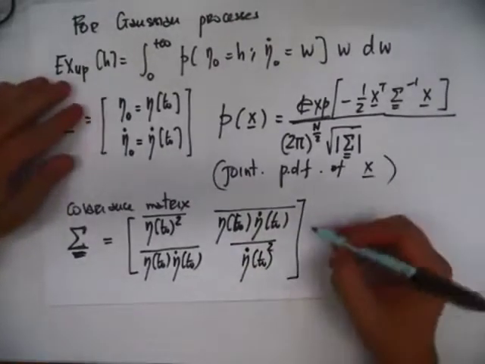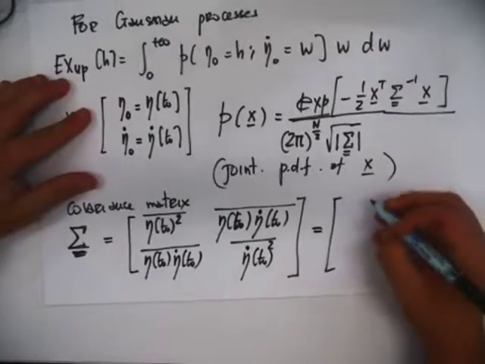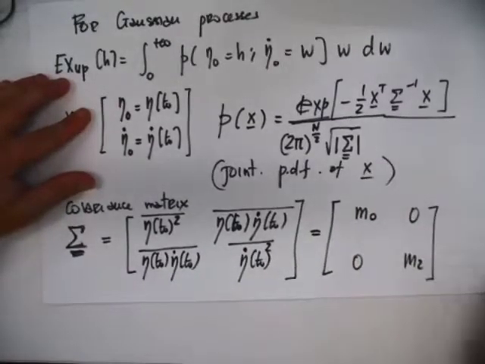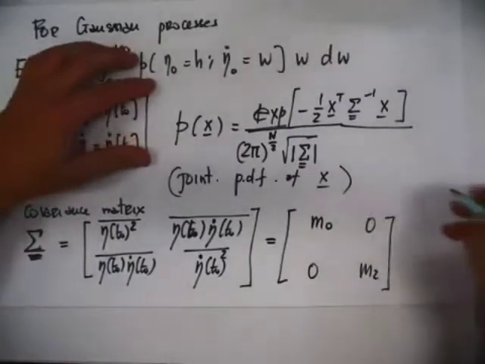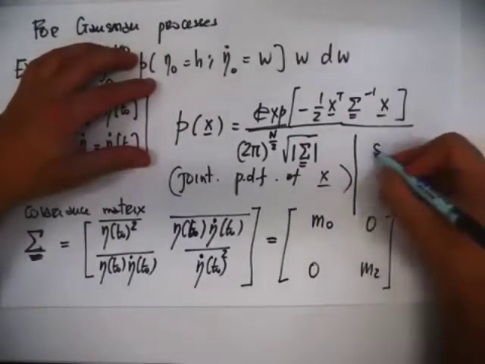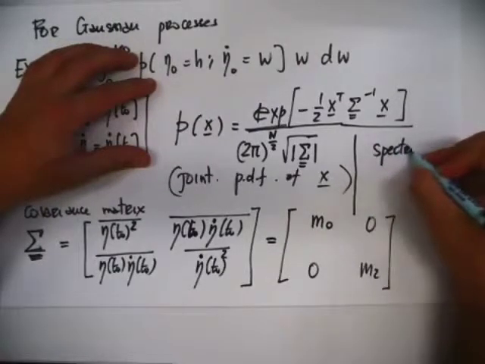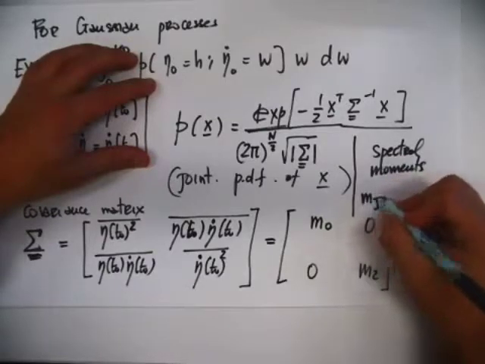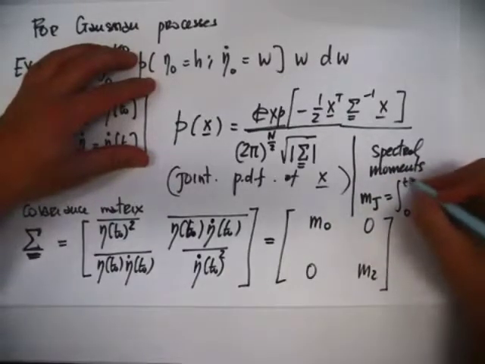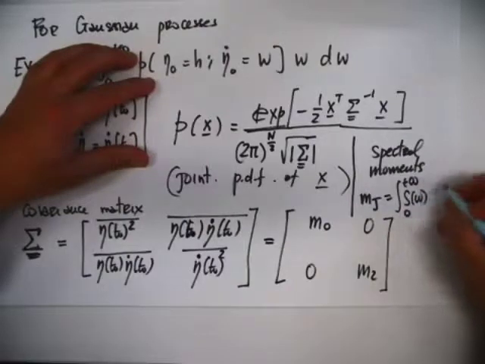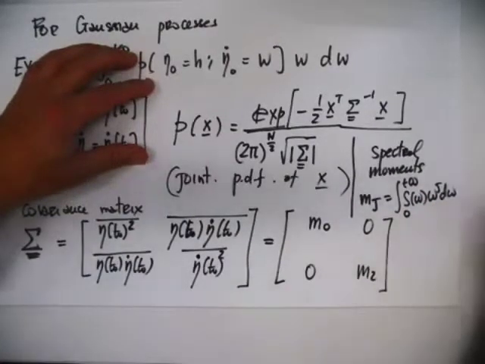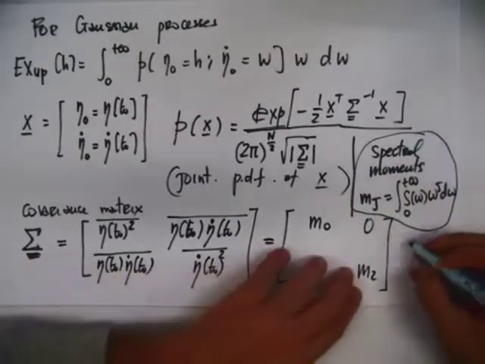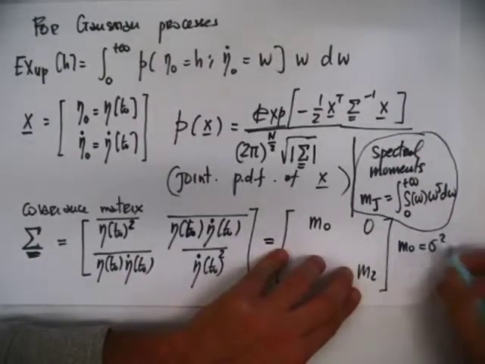I'm going to show that this covariance matrix is equal to m0, 0, 0, m2, which is diagonal, where I define the spectral moments m sub j as the integral between 0 and infinity of S of omega, omega to the power j, d omega. Of course, m0 is the variance.